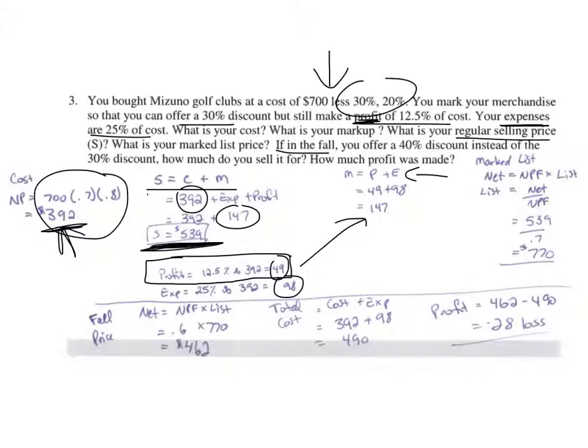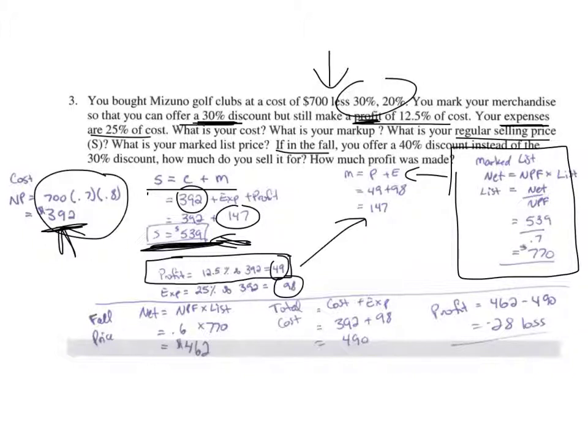But I'm guessing that later on down the road, I'm going to be offering this sale, this 30% discount. And so I want to mark this up even more to get an even higher number than $539, so that later on I can have a sale. That's what I'm doing over here.